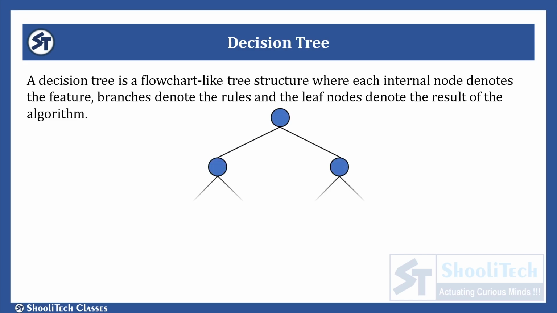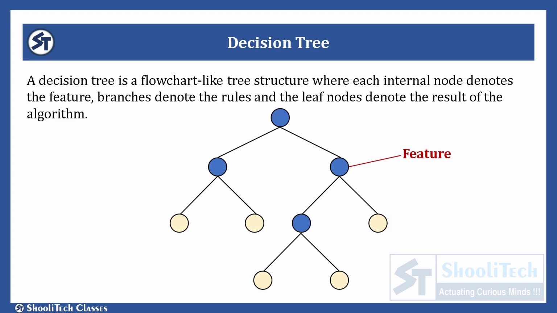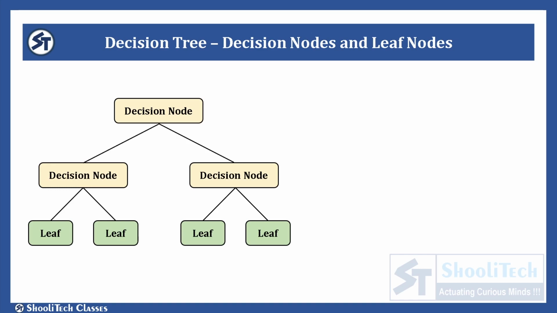A decision tree is a flow chart like tree structure where each internal node denotes the feature, branches denote the rules, and the leaf node denotes the result of the algorithm. In a decision tree, there are two types of nodes, the decision nodes and the leaf nodes.